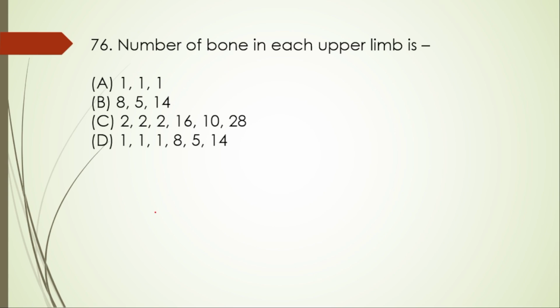Next, 76. Number of bones in each upper limb is 111, 85, 14, 222, 16, 10, 28. Here what is 111? That is humerus. Let me write here.